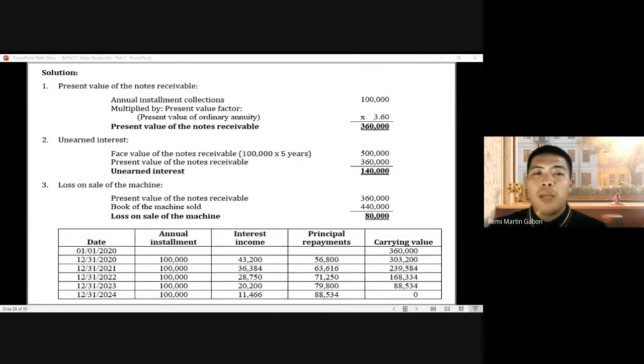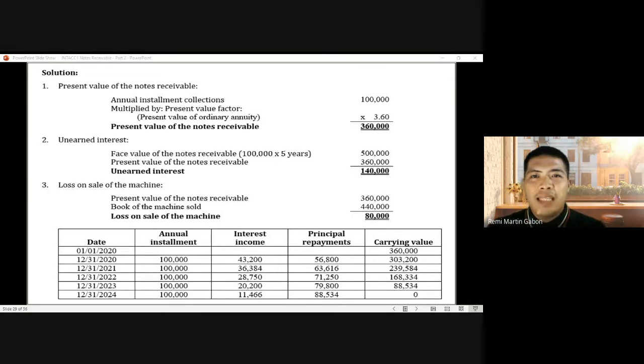Now, maybe you have a question. You said, sir, yesterday, in the column of principal repayments, assuming equal payments of 180,000, in our topic on installment basis with unrealistic interest and uniform payments, the principal repayments in the problem were 180,000 all the same. Why here do the principal repayments vary? Again, our topic yesterday was interest bearing.